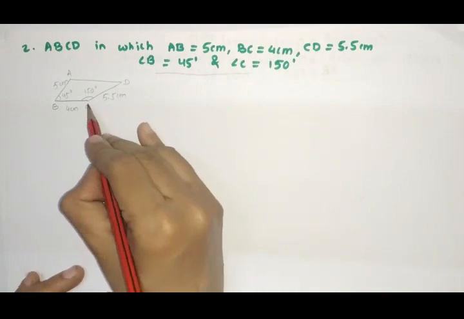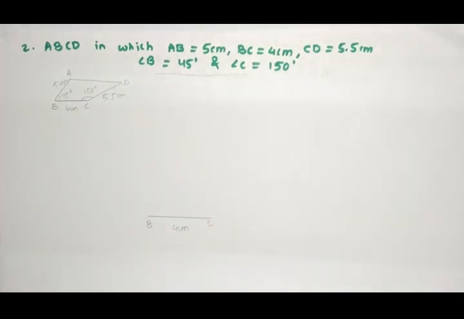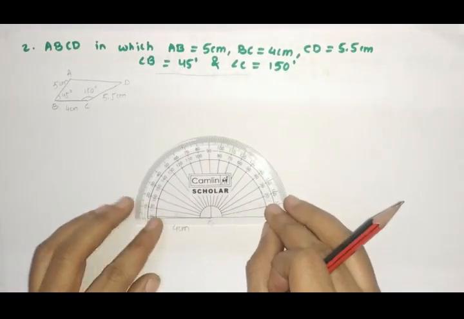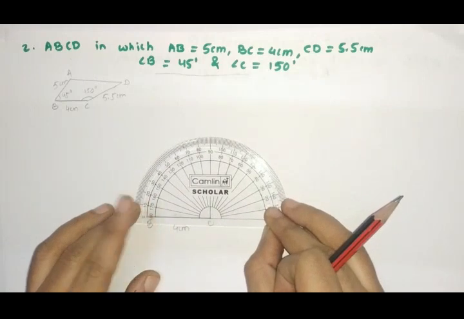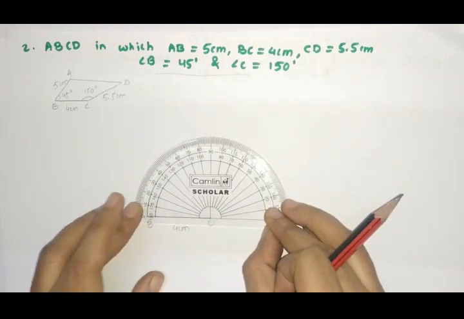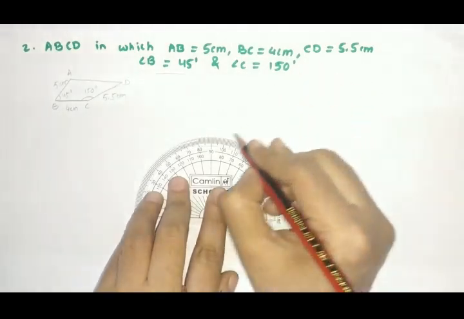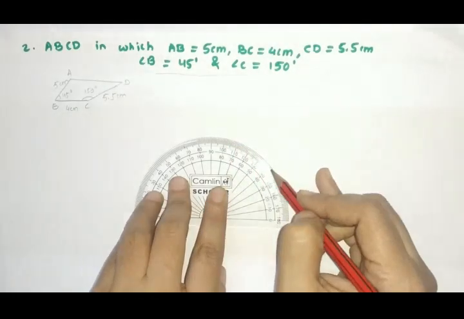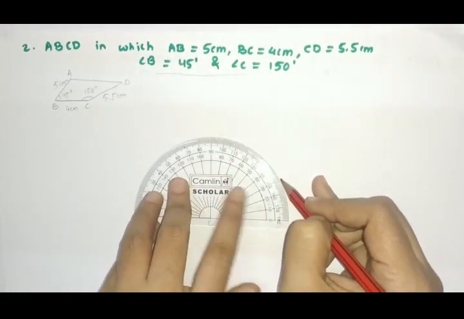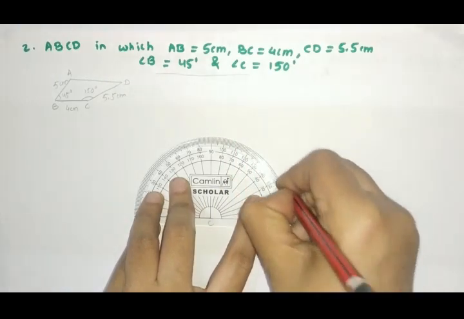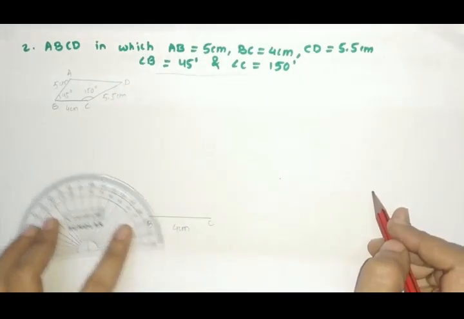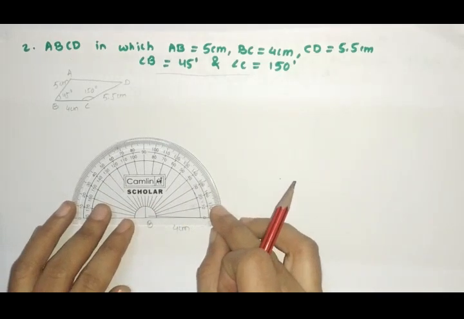And angle C we need to draw 150 degree. So just take this protractor and measure 150 degree. It is obtuse, okay? So it is going to come here. And at B we need to measure 45 degree.